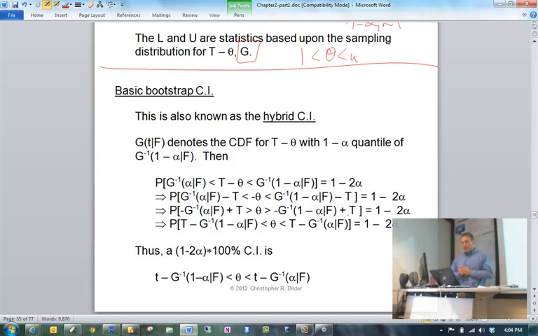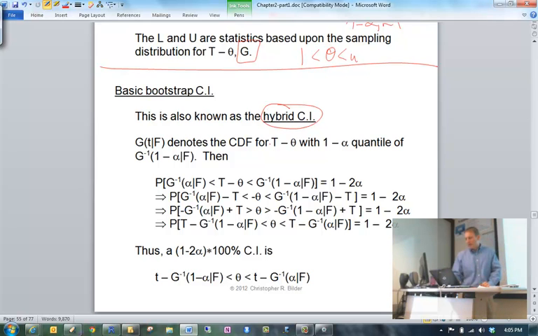So we're going to talk about the basic Bootstrap confidence interval. Now you will sometimes hear this also called a hybrid Bootstrap confidence interval too. And it's a very intuitive derivation for it. First of all, let's not think about the Bootstrap itself.